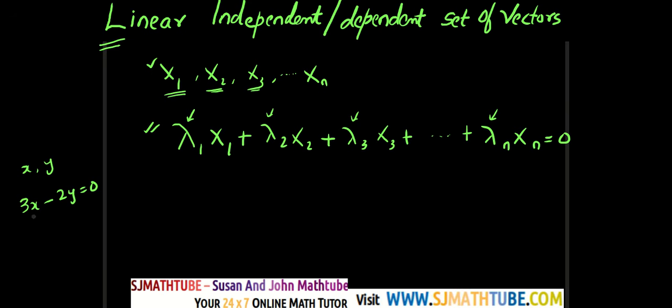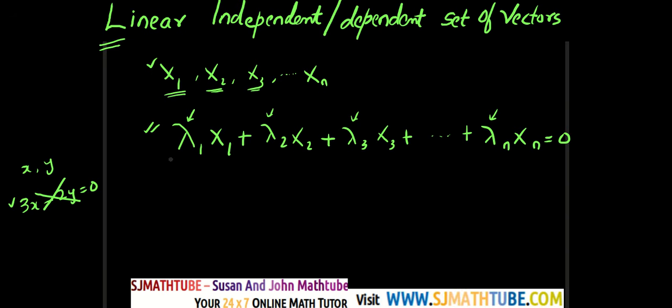So look at this: x and y are connected by the relation 3x minus 2y equal to 0. If they are not connected linearly, then there is no connection between them. That might put you in confusion. Or let's say there will be no relation as such.